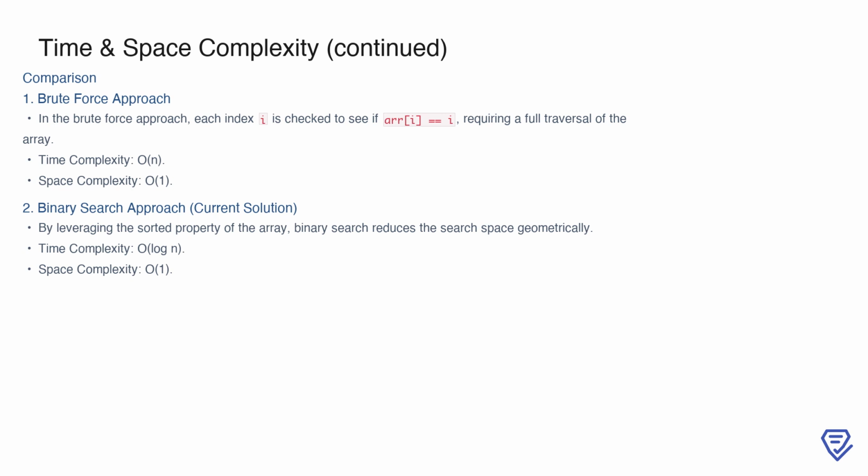In contrast, our binary search approach leverages the sorted property of the array to reduce the search space exponentially. This gives it a significant advantage, with a time complexity of O(log n) and the same space complexity of O(1). By reducing the number of checks from linear to logarithmic, the binary search approach is clearly more efficient and better suited for this problem.